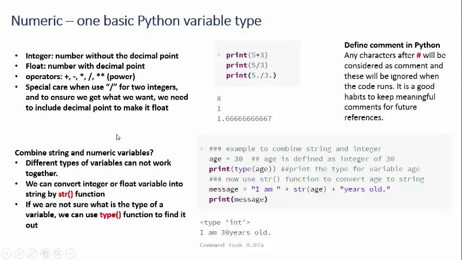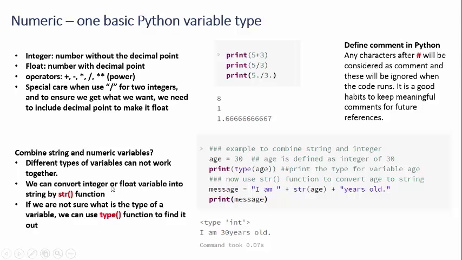Sometimes in programming, you want to combine strings and numerical variables together, but different types of variables cannot work together. If you try to use the plus sign to combine a string variable and a numeric variable, you're going to see an error message.